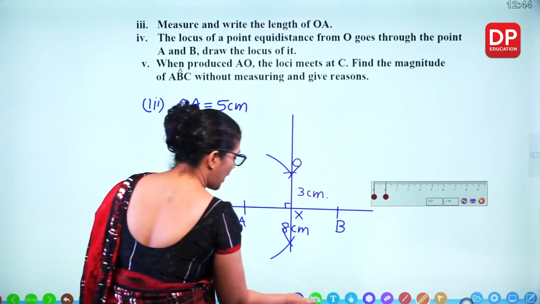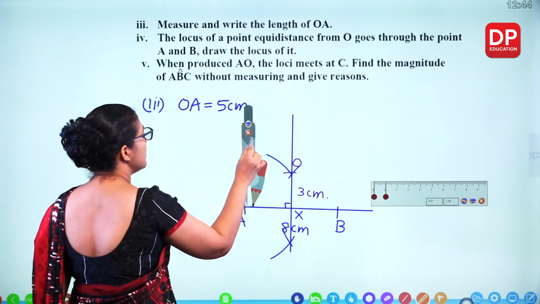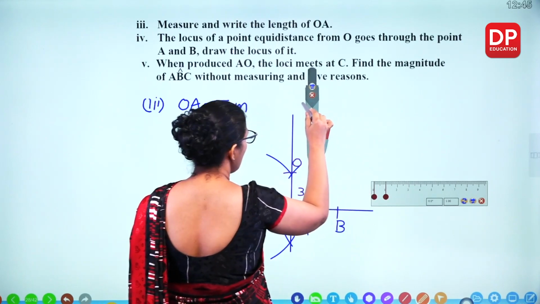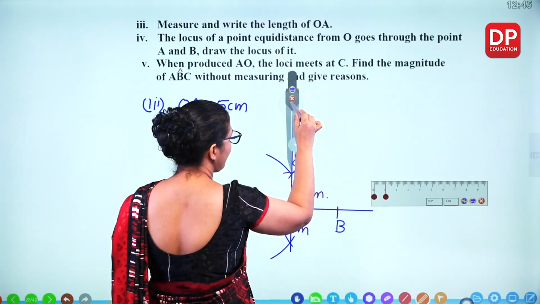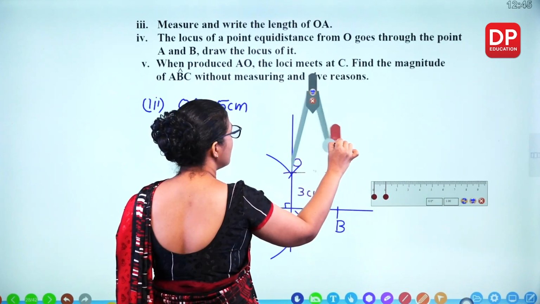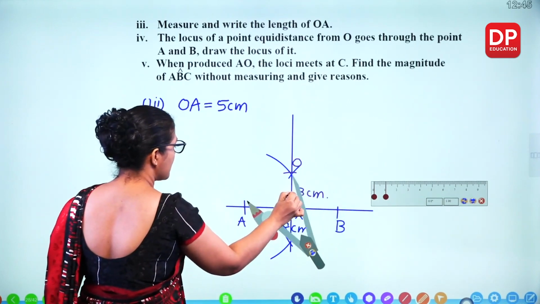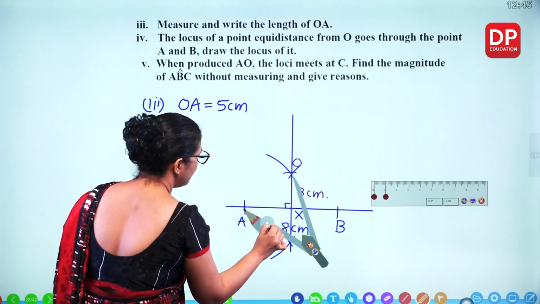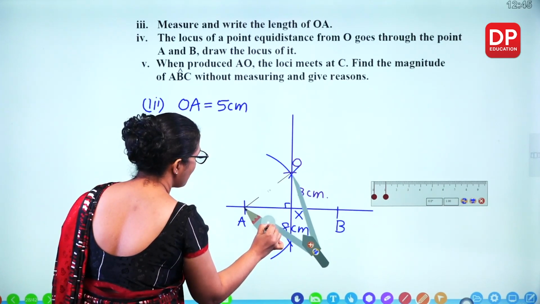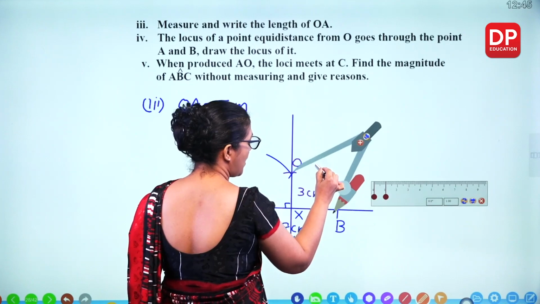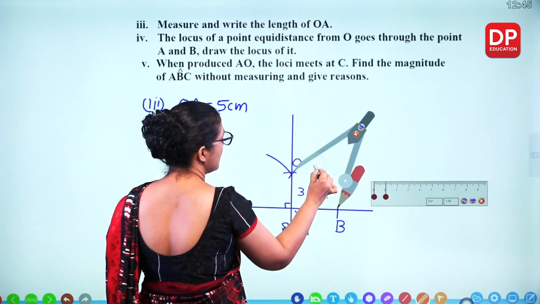So what we can do, we can take the compass. You can keep the compass on O and A first. That's the radius of the circle. And then we'll see it should pass through B as well. That's correct.